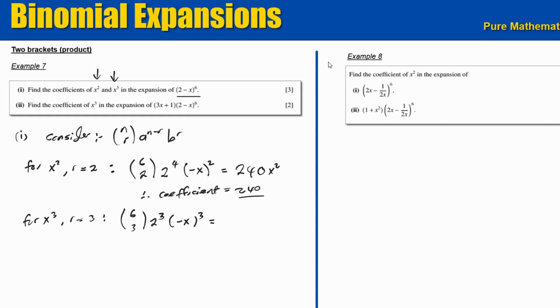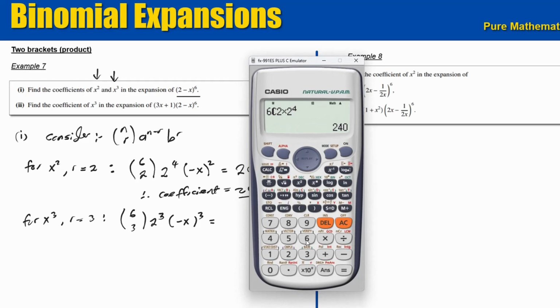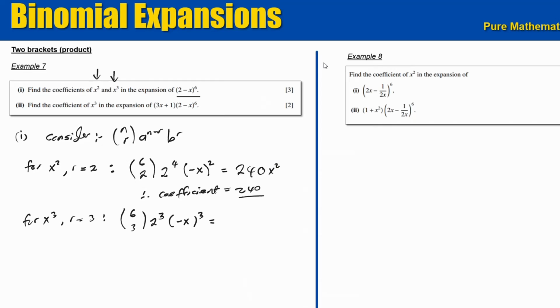If we bring up our calculator, that's going to be 6 choose 3, times 2 to the power of 3, so 2 cubed, and times negative 1 cubed, which is a negative. So we're going to get negative 160 then. So that's negative 160 x cubed. So therefore the coefficient is equal to negative 160. So that's what we'll be having there.